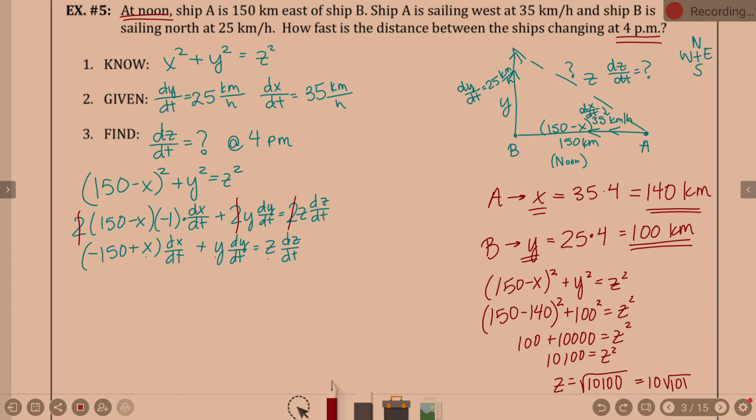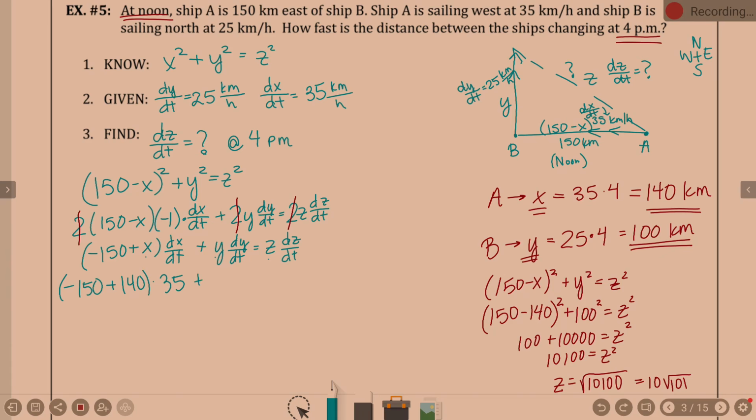I think we're ready to go back here and fill stuff in. I think. We'll find out. Negative 150 plus x. What is x? 140 times dx/dt, 35.